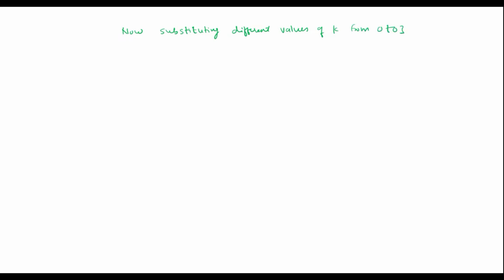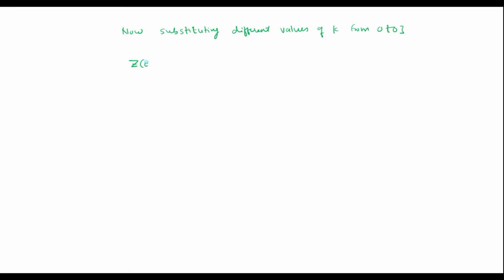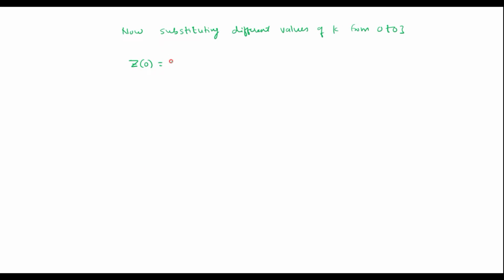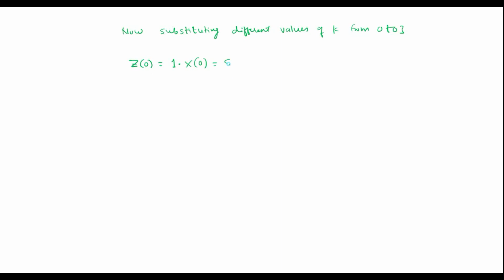Here, z of 0 is equal to W4 power 0, which is 1, times X of 0, which is 8.